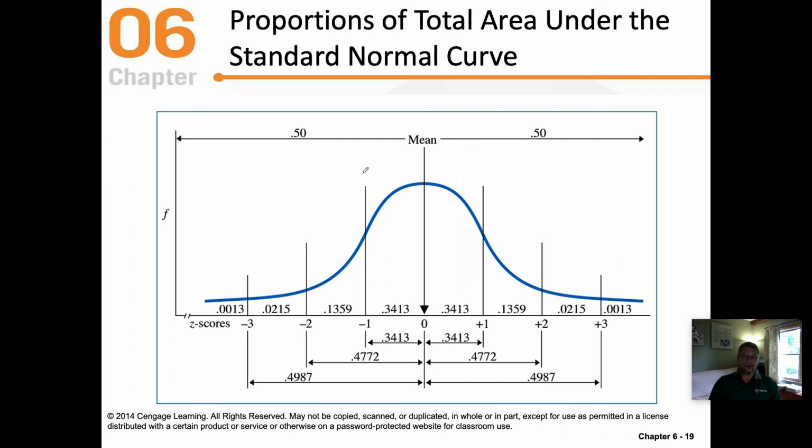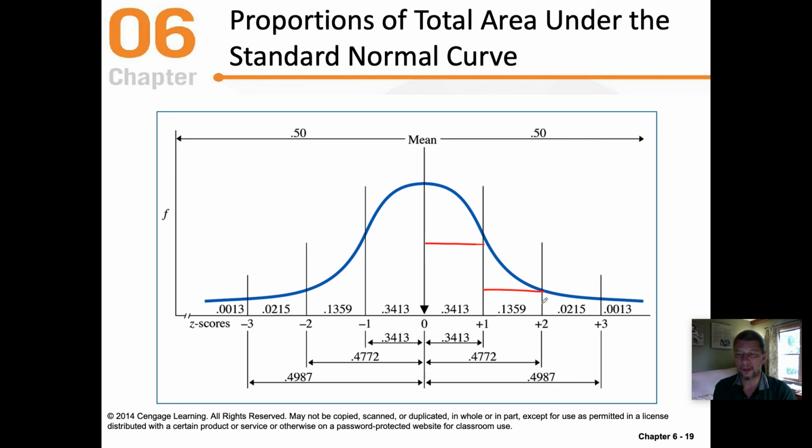Well, here is a picture of the normal curve, and this is shown with a z distribution. So there's no raw data here. These are all just z-scores. As we said earlier in the semester, 1 standard deviation above the mean is 34%. 2 standard deviations above the mean is another 13 or 14%, so we're up to almost 48%.